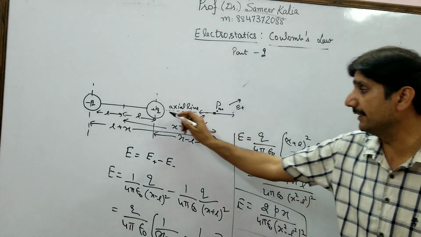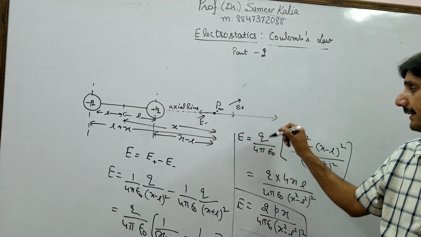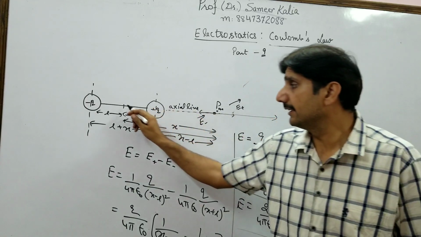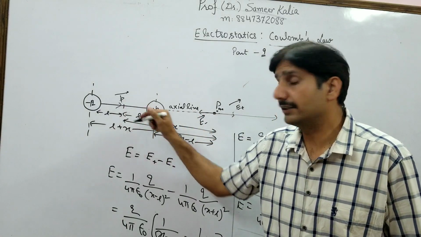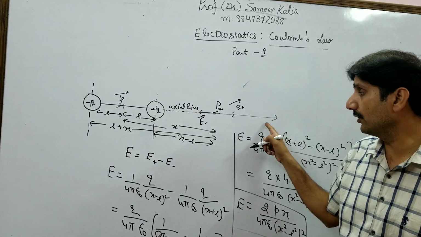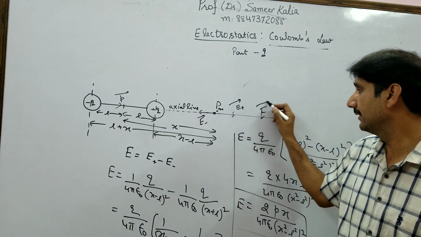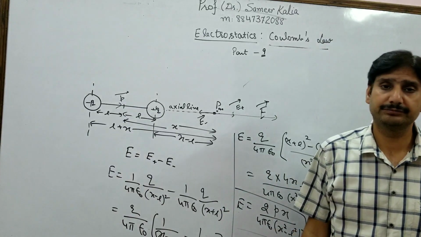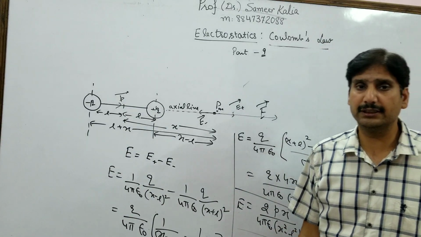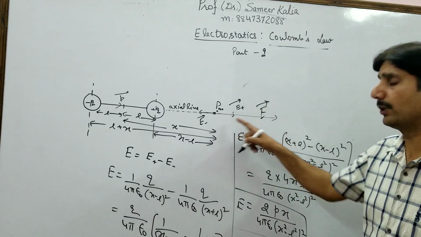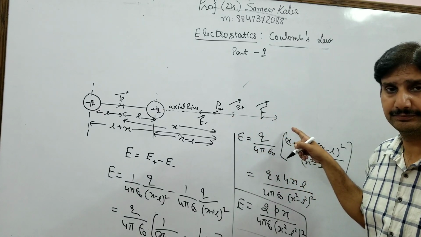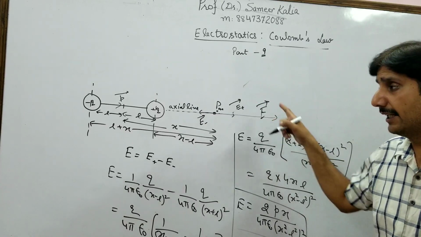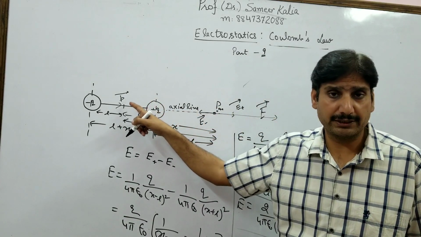That means the electric field at a point on the axial line is acting in this direction. This means that on the axial line, the direction of electric field E is the same as the direction of dipole moment P. This is important. Electric field at a point on the axial line of a dipole has the same direction as the direction of dipole moment.